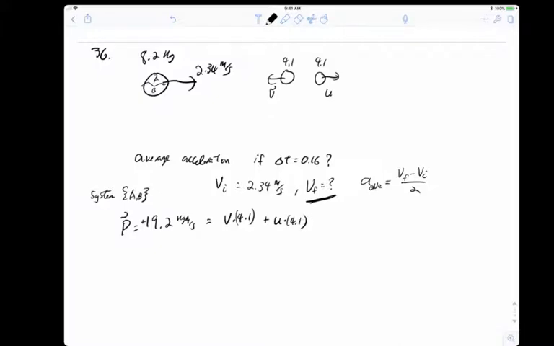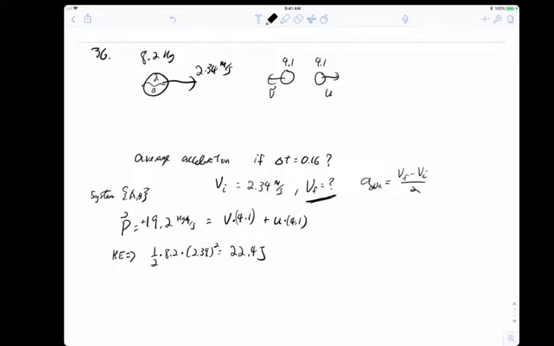And in addition to that, we have information about the kinetic energy. Specifically, we know that the initial kinetic energy is 1/2 times 8.2 times 2.34 all squared, which is 22.4 joules of energy.